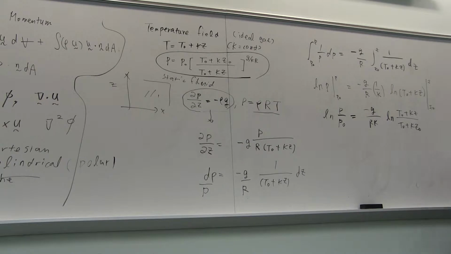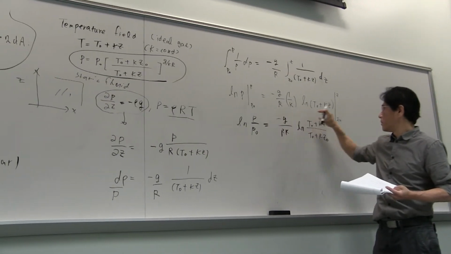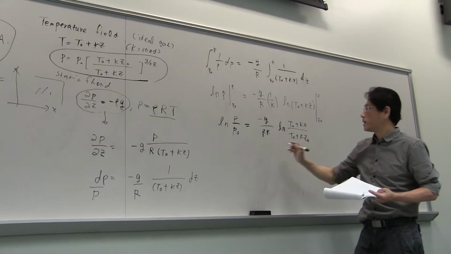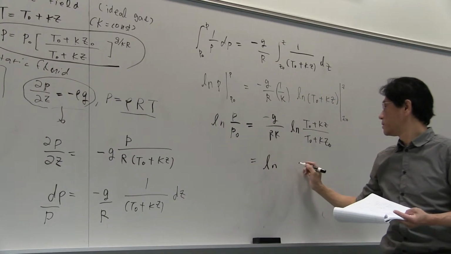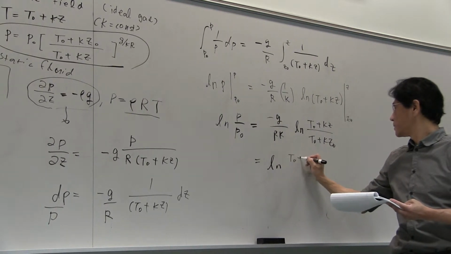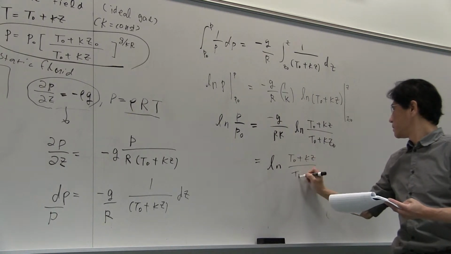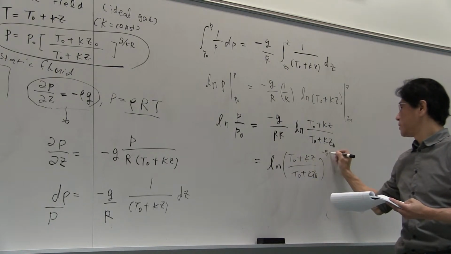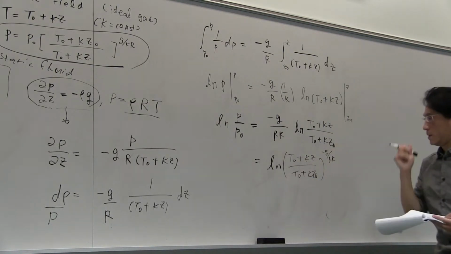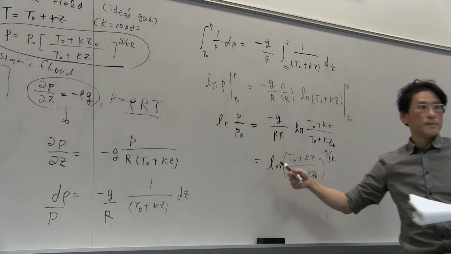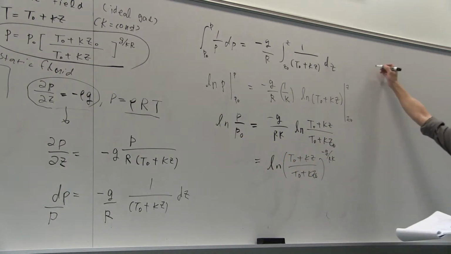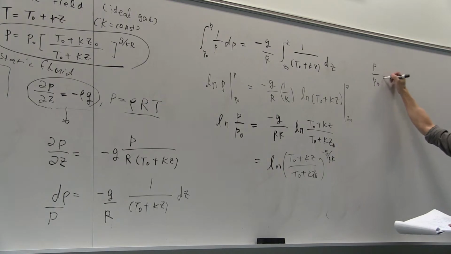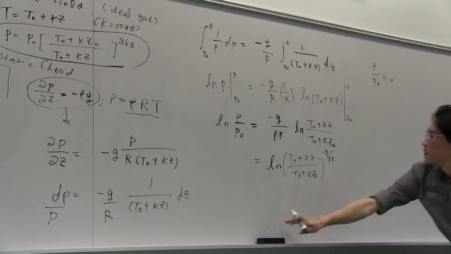Now, some algebra here. This can go into the power, so the log of (T naught plus k z) over (T naught plus k z naught) to the power of g over R k. Then you can take the log out, so you end up with P over P naught equal to just this.